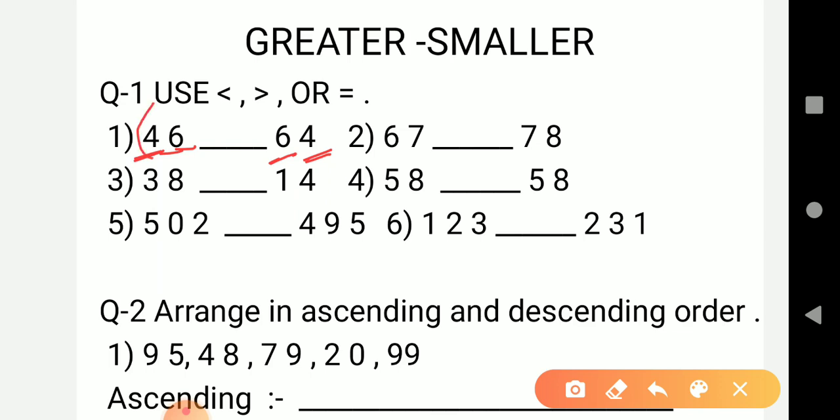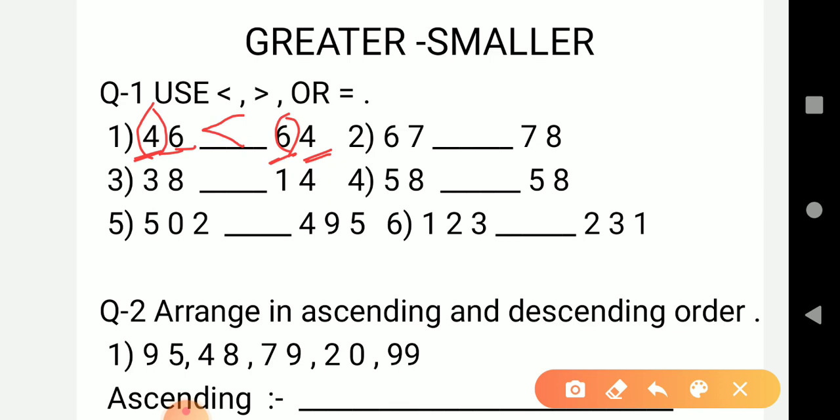So we compare the tens place, 4 and 6. Which one is greater? Yes. So we can say that 46 is smaller than 64 and 64 is greater than 46.